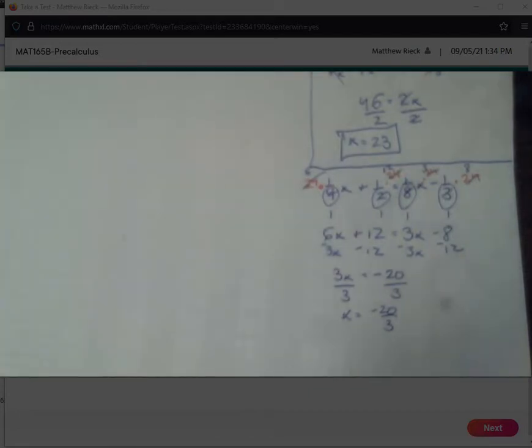So you have 1/4 times negative 20 over 3, plus 1/2. So we have negative 7/6 on the left-hand side.